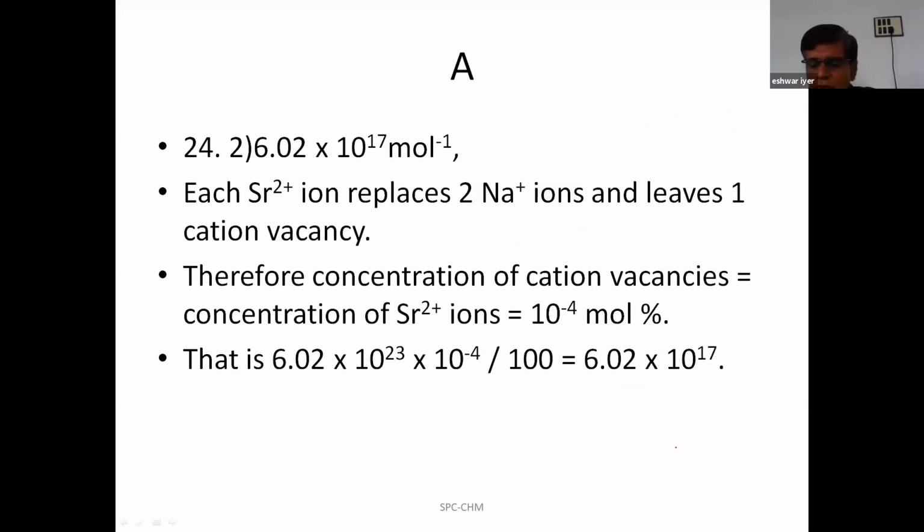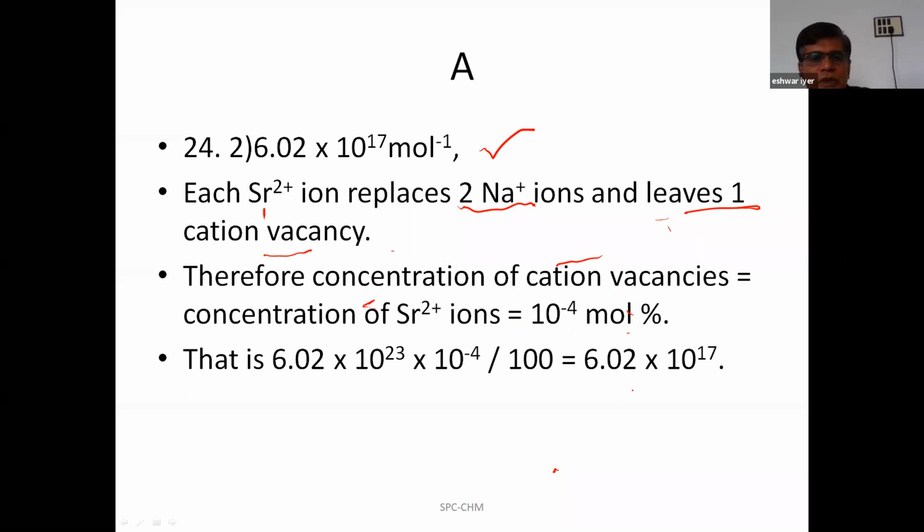The answer is the second option, 6.02 into 10 to 17 per mole. Each strontium plus 2 replaces 2 sodium plus ions and leaves 1 cation vacancy. Therefore, the concentration of cation vacancies is equal to the concentration of strontium.